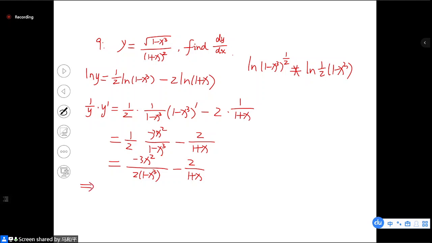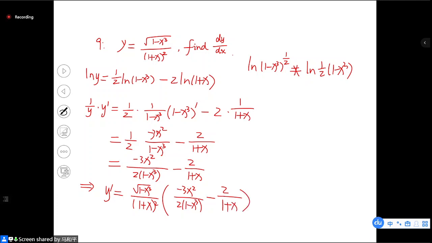So we have y prime is equal to y times this, x cubed over 1 plus x squared times negative x squared over 2.